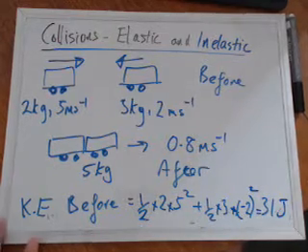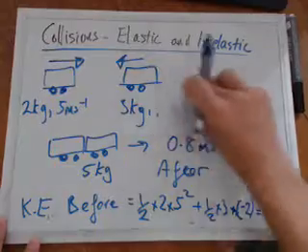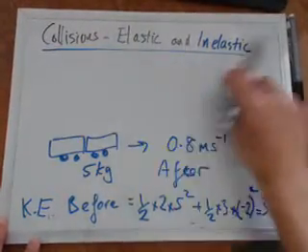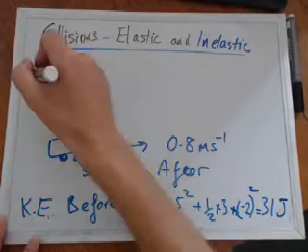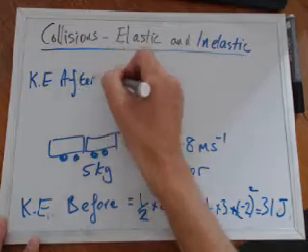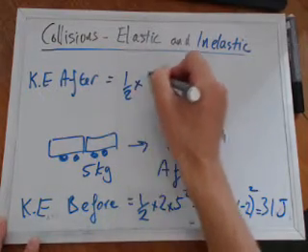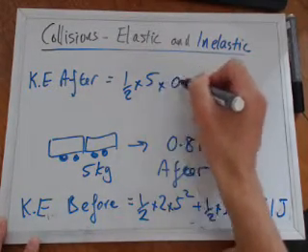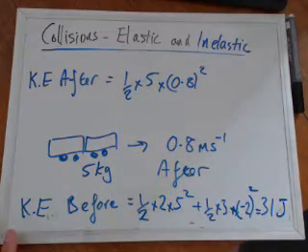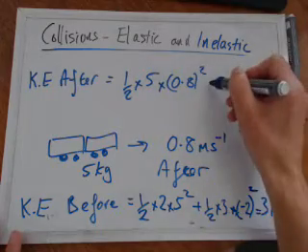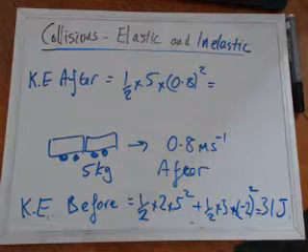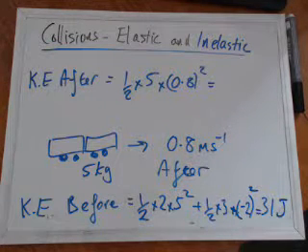Let's have a look at what's going on after and compare. So afterwards, using exactly the same, the kinetic energy after the collision is equal to half times 5 times 0.8 squared. Let's check on the calculator.